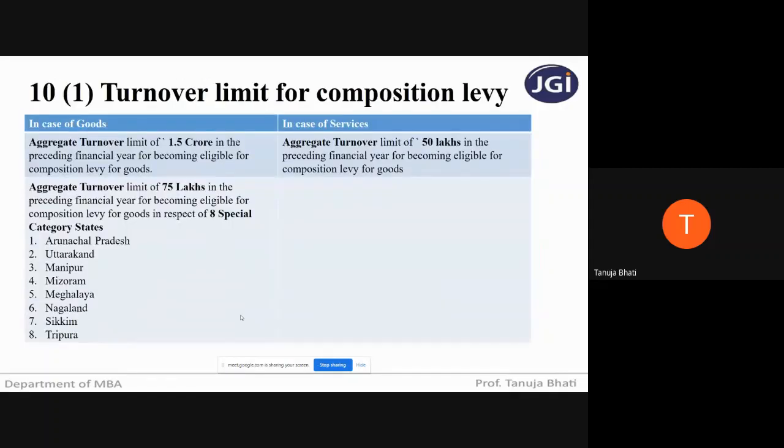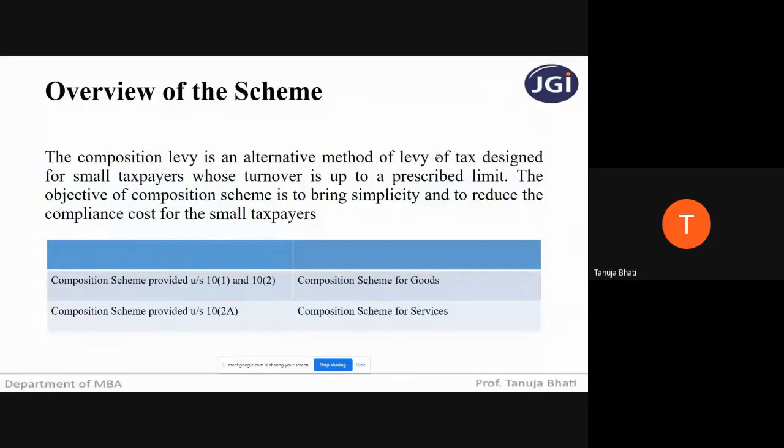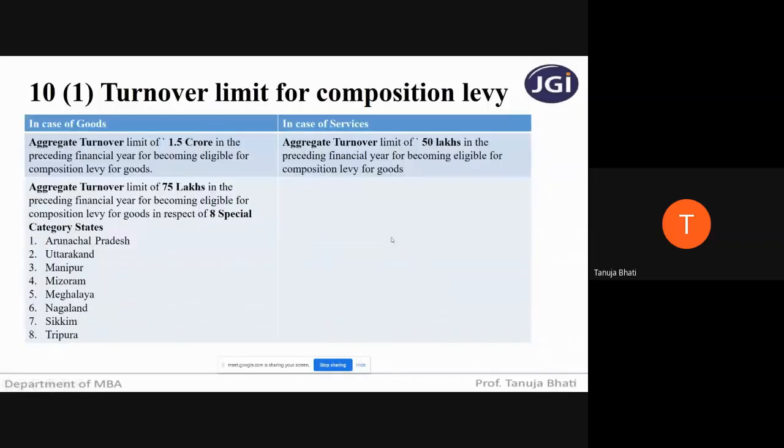Now, I told you all prescribed limit. Now, who can opt? Let us see what is this prescribed limit. Now, in case of goods, suppose if there is any small taxpayer who is dealing in supply of only goods, if his aggregate turnover does not exceed 1.5 crore in the preceding financial year, then he can opt for composition levy.